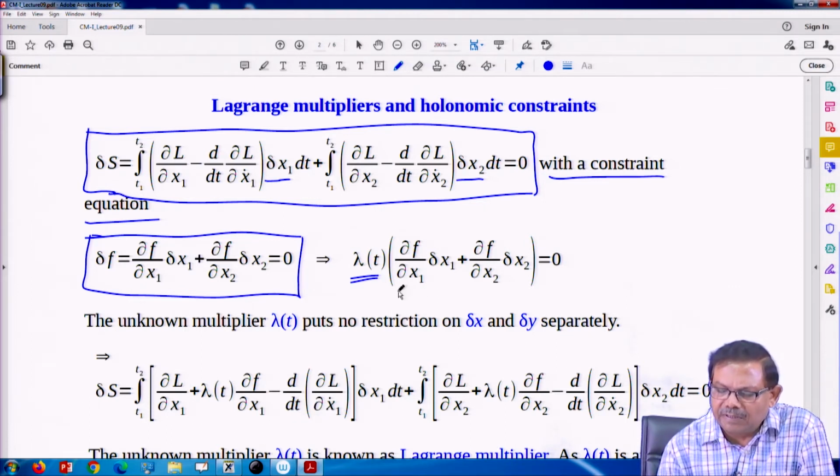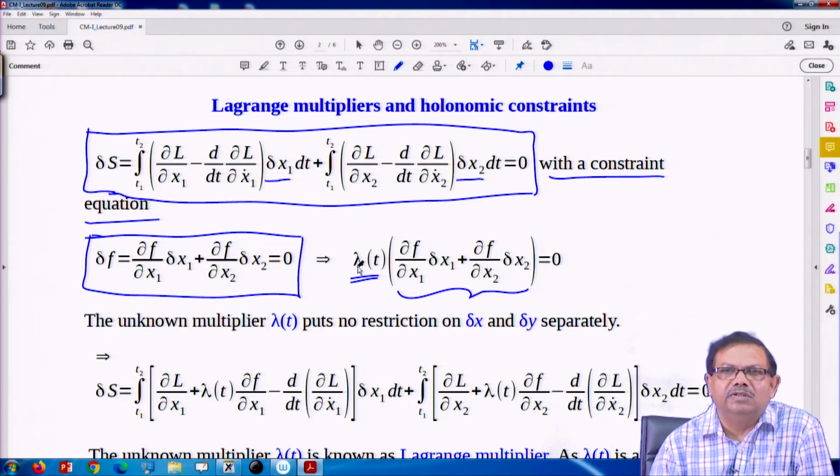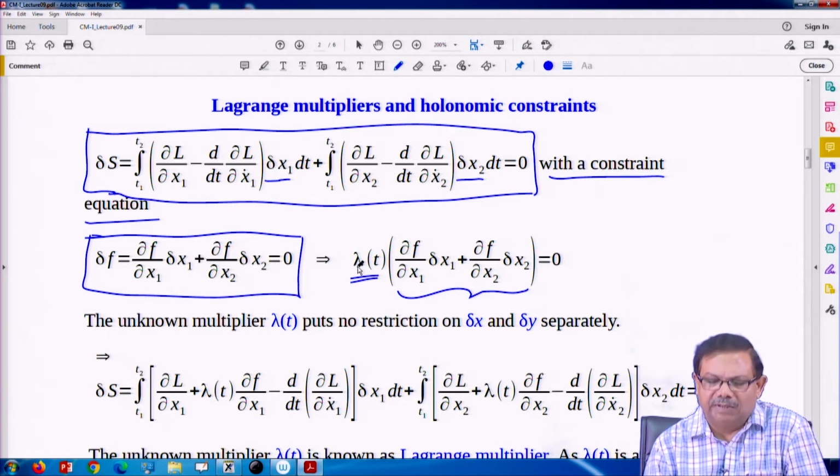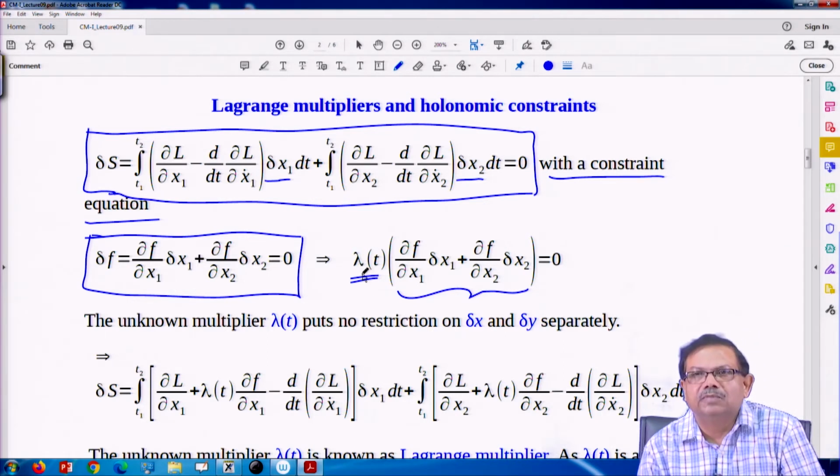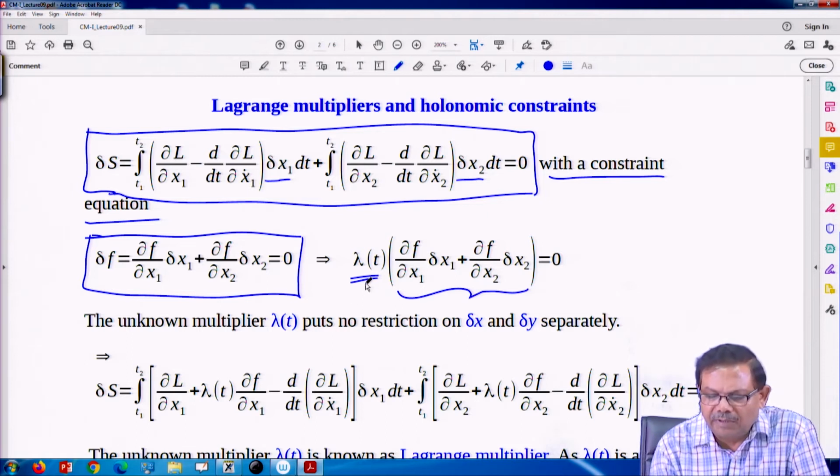Since this part is already 0, it does not matter with what parameter I multiply. These parameters are arbitrary at the moment, they must be non-zero, otherwise it does not make sense. So, this is some non-zero parameter, I have multiplied this equation.